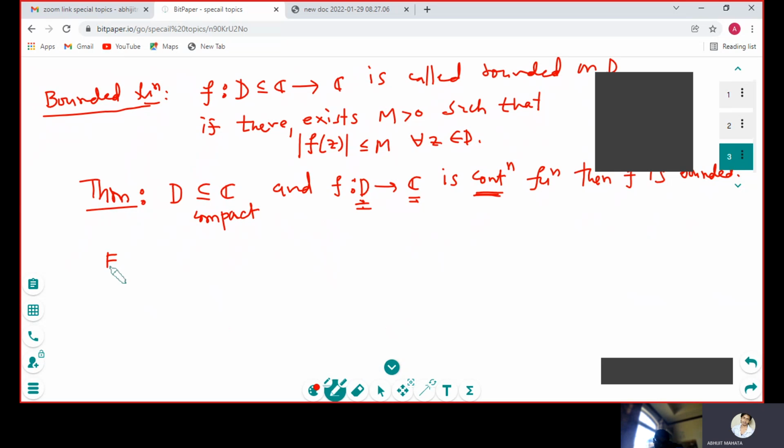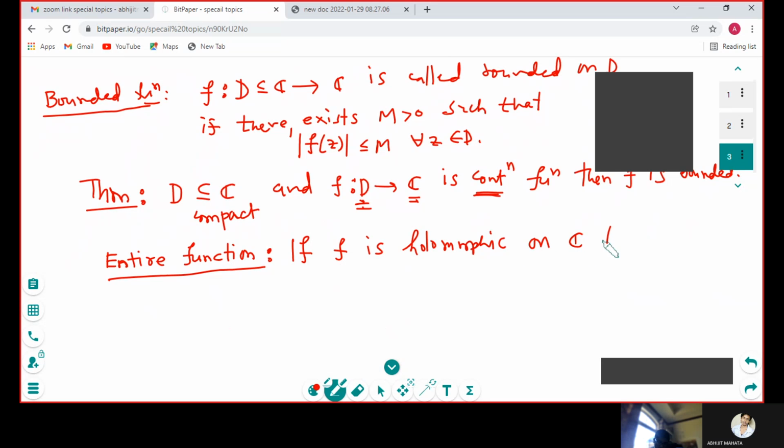So now let me tell you about entire functions. If a function has domain C and it is analytic, sorry, holomorphic on C, then f is called an entire function.